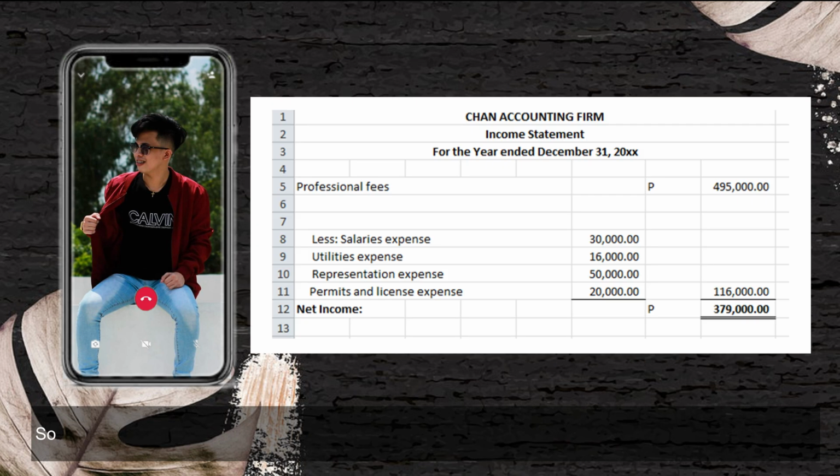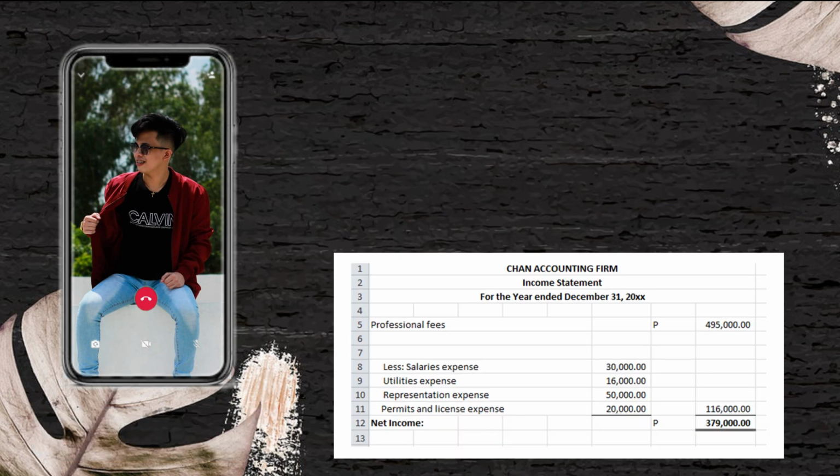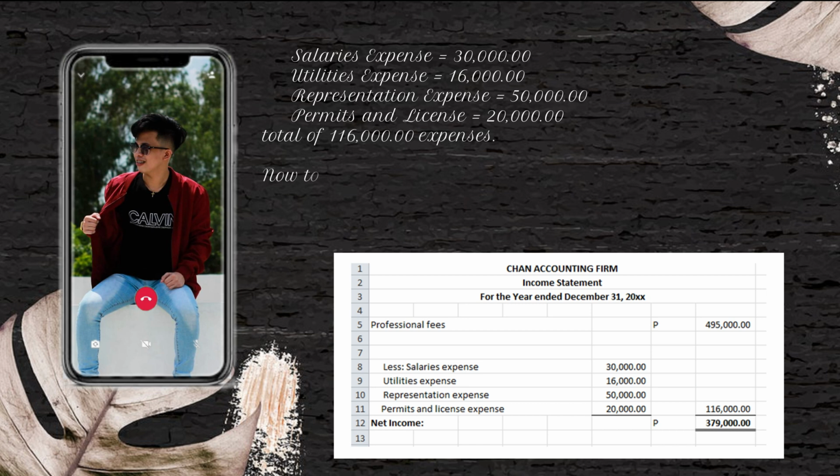Net income is an entity's income minus cost of goods sold, expenses, depreciation and amortization, interest, and taxes for an accounting period. So, we will credit the professional fees with the amount of 495,000, and we will less or debit those expenses. First, salaries expense equals 30,000, utilities expense equals 16,000, representation expense equals 50,000, permits and license equals 20,000, with a total of 116,000 expenses.